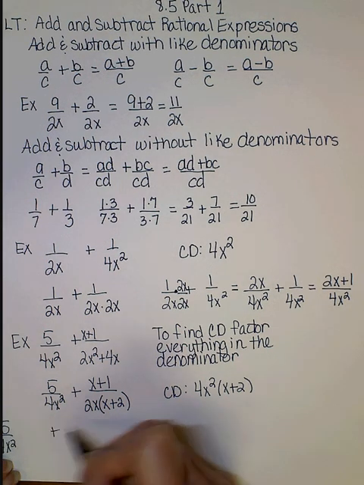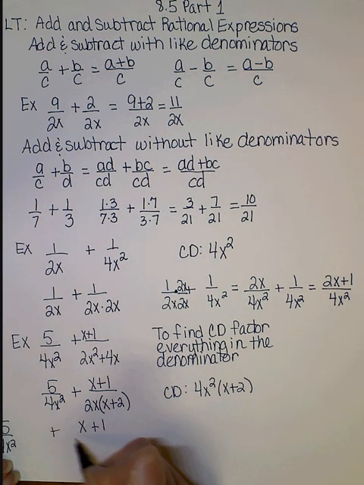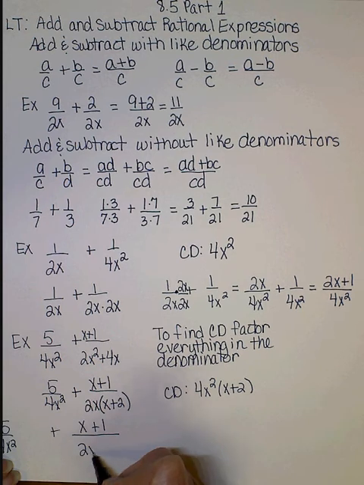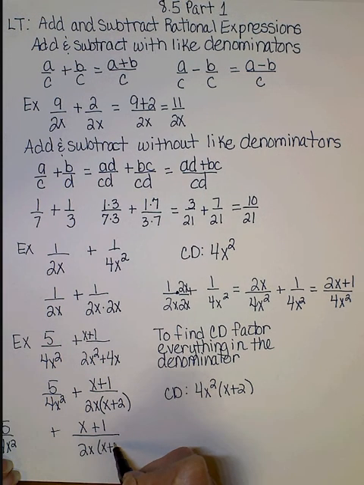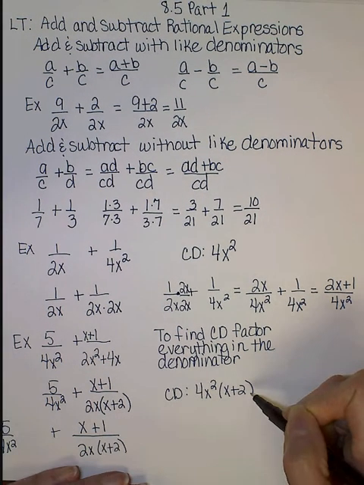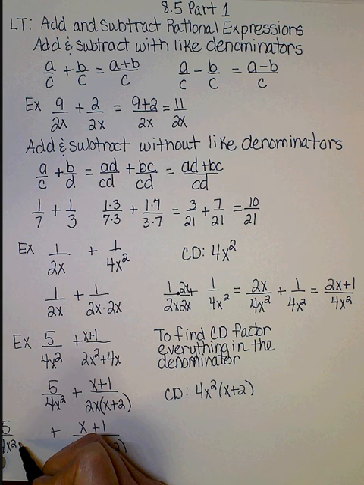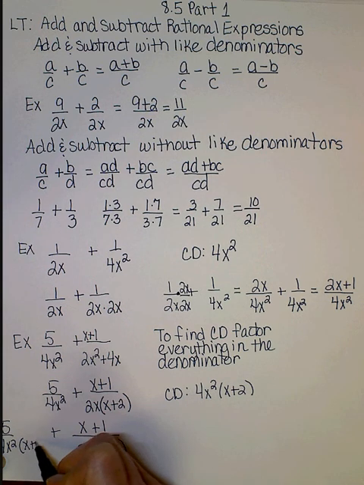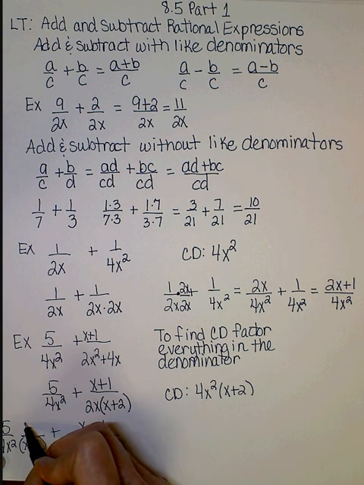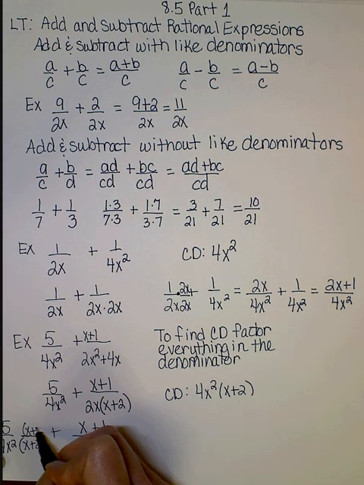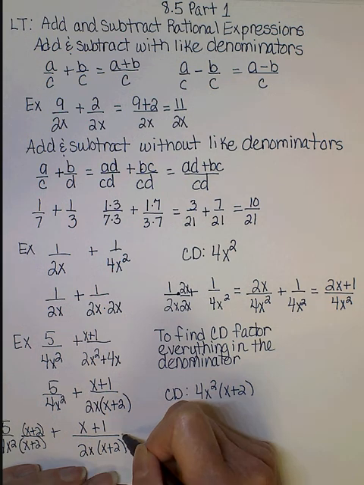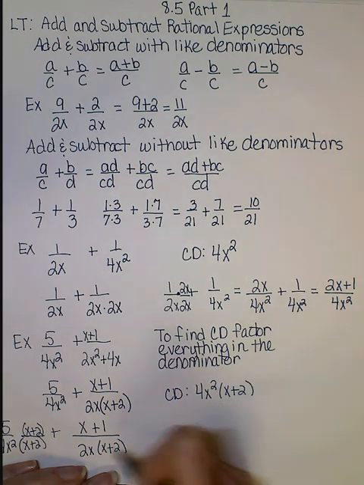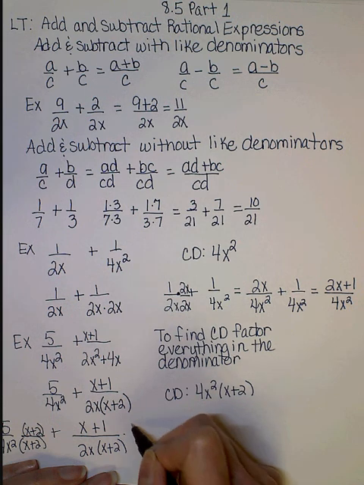I'm going to give myself some room here. Okay, so if this is my common denominator, this is just missing the x plus 2. So I need to multiply by x plus 2, top and bottom. This is just missing a 2x, because 2x times 2x would give me the 4x squared.